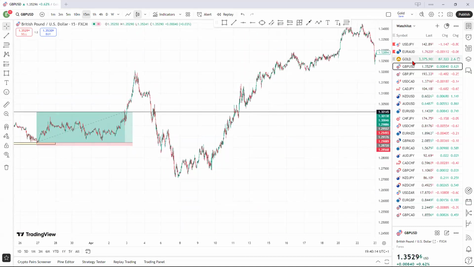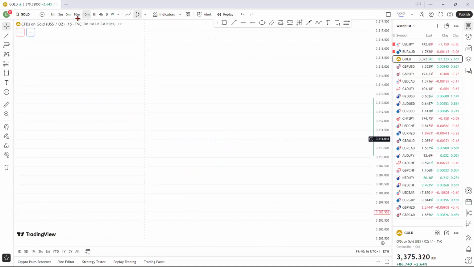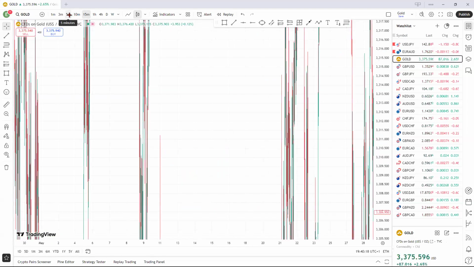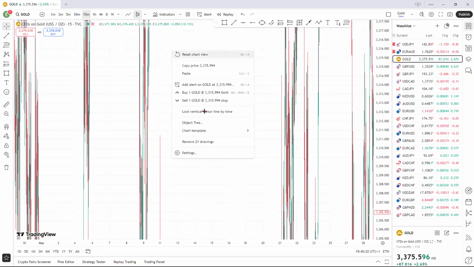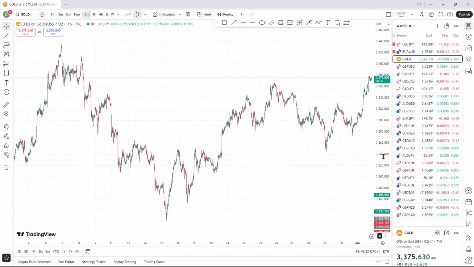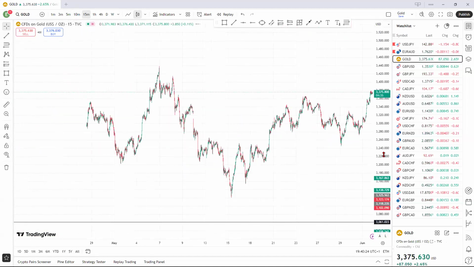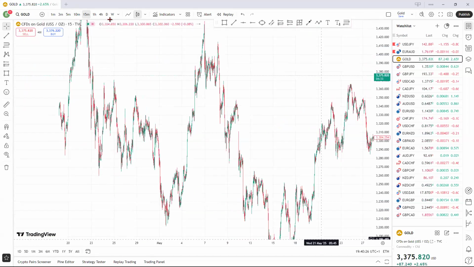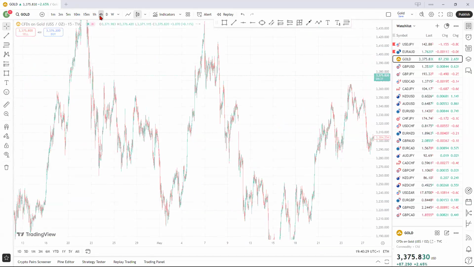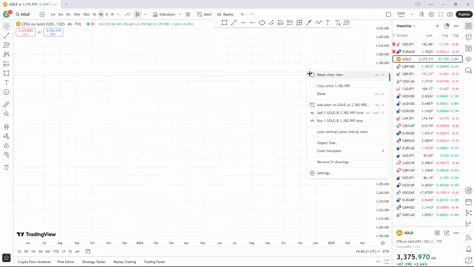Let me look for another example. Let me go to the dreaded gold because I know a lot of people fear to trade gold. Let's see what gold has. Let's check the 4 hours time frame.